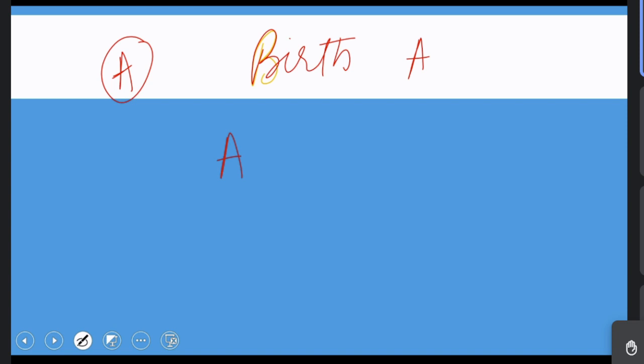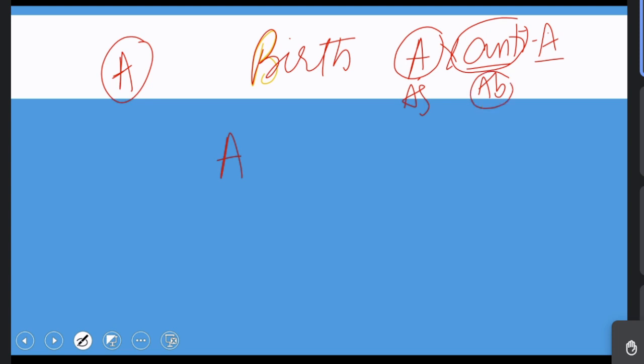When an antigen is present, an antibody against it is also present, and this is called anti-A because this is against A antigen. Anti means against. Against antigen A it is produced, hence it is called anti-A antibody.